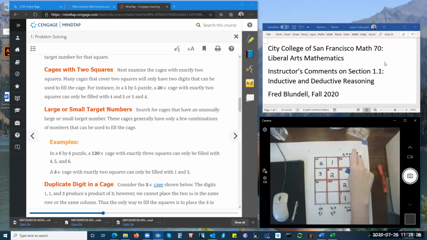Oh, we can, because these two entries are 4 and 1, but the 1 cannot be here. So this one's the 4, and that one's the 1. And that means this cannot be 4, so it has to be the 3. And then this one is the 4 over here.